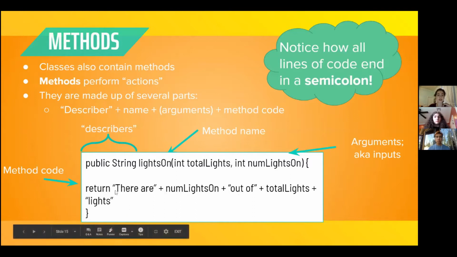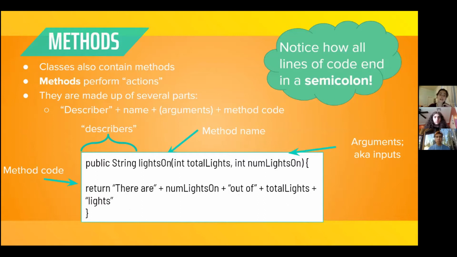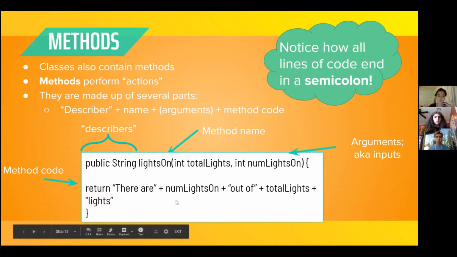So if I put in 3 for total lights and 1 for number of lights on, I could say there are, or I guess I should have used a plural one, but there are 1 light out of 3 lights on, basically. So that's what it's going to return, that string.